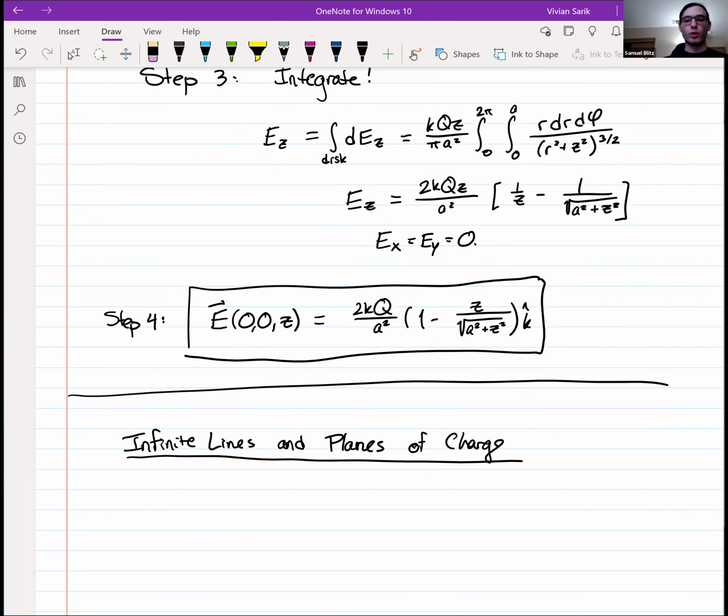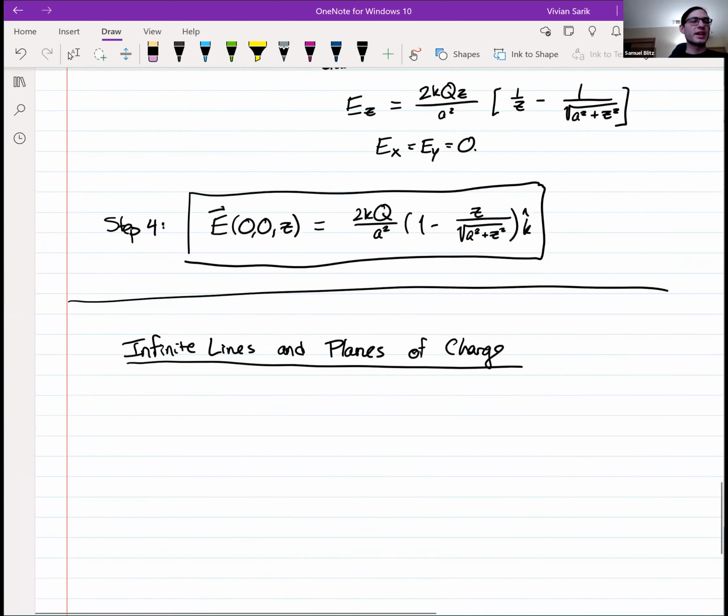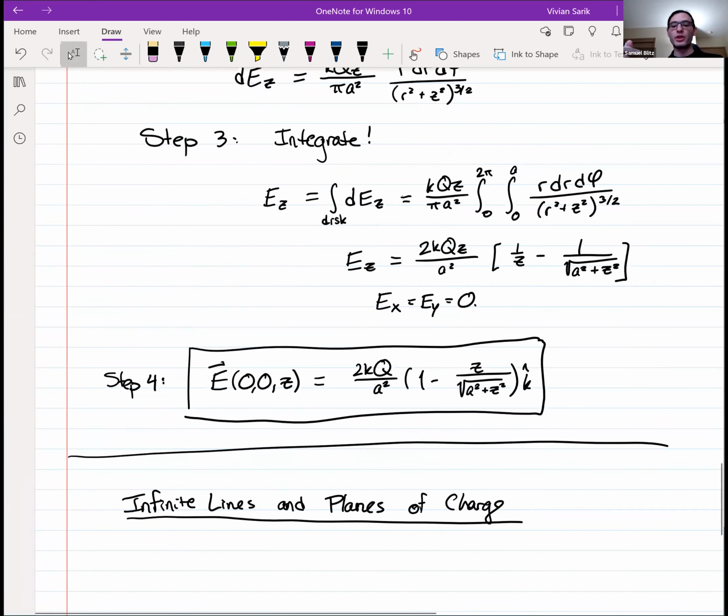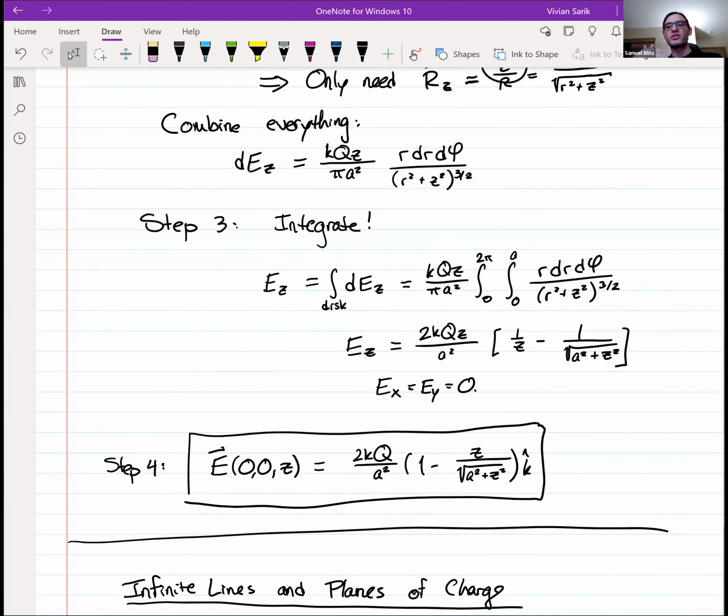There's just a little bit of work that we have to do, and that's that if the length or the radius go to infinity, that means that so does the total charge, because the charge density is constant. And so we would be stuck with infinity over infinity. So instead, what we want to do is rewrite all of the capital Q's that we see in terms of the charge density.